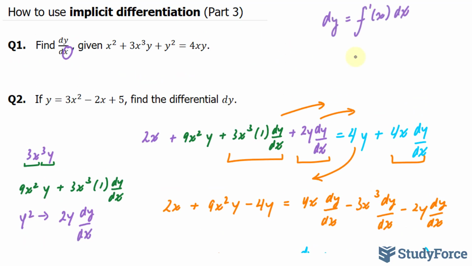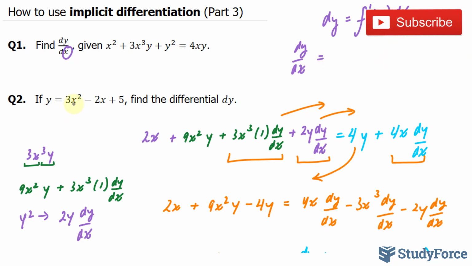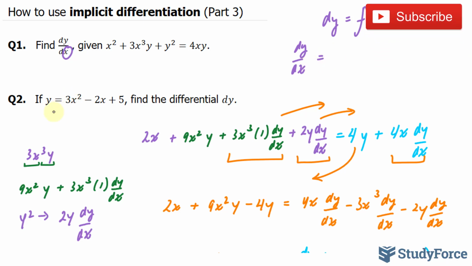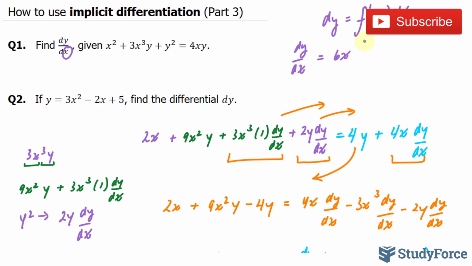So I'll start by finding the derivative of y. That is dy over dx is equal to the derivative of 3x squared is 6x. No need for dy over dx over here because it's with respect to x. Minus 2 plus 0. 5 goes to 0 when you're taking the derivative of a constant.